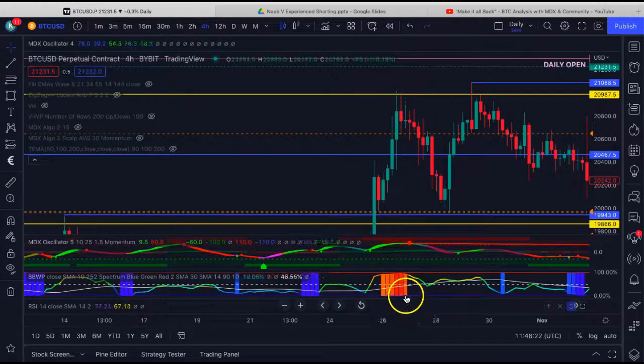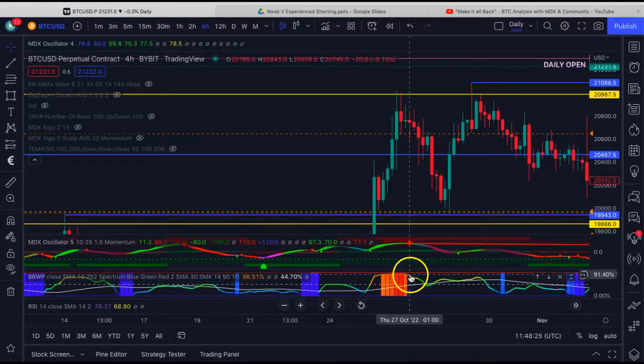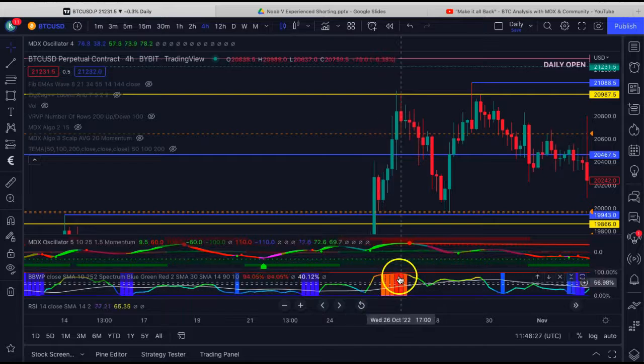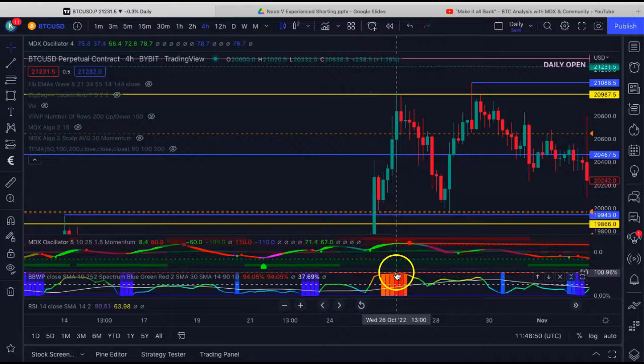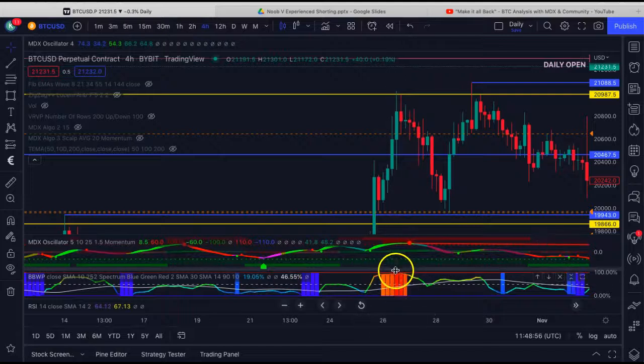So this is a scale between 0 to 100 for BBWP. And in areas of red, or when price gets to the high 90s, that indicates areas of high expansion, right? So in this case, if you notice, we had this huge run up, but the BBWP roughly indicated that expansion had almost peaked.